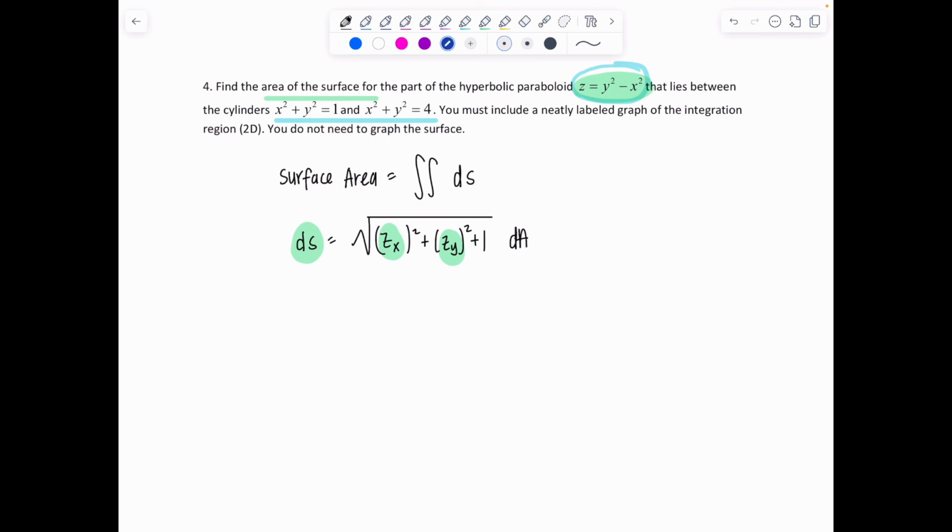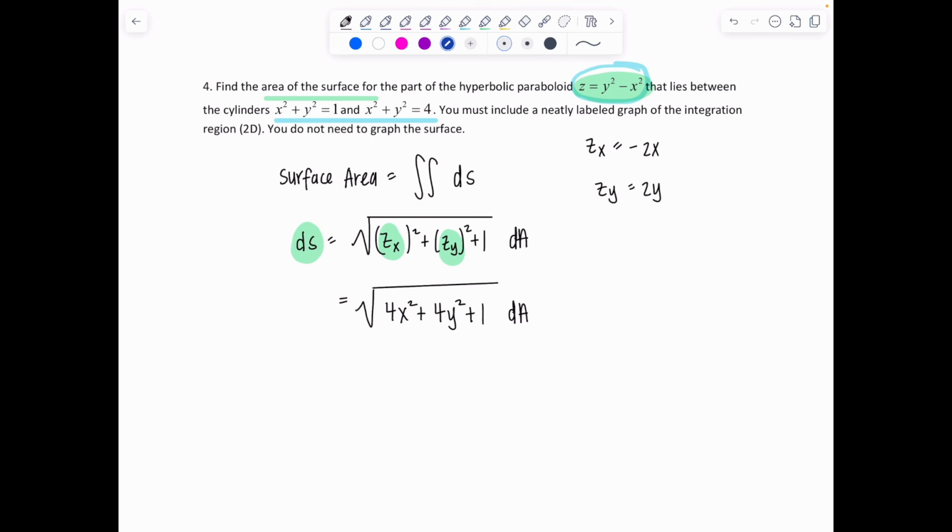So let's go ahead and find dS first, and then we'll graph the integration region and figure out what the limits are. So partial with respect to x is negative 2x. Partial with respect to y is 2y. If I substitute those in here, partial with respect to x squared is 4x squared, partial with respect to y squared is 4y squared, plus 1 dA.